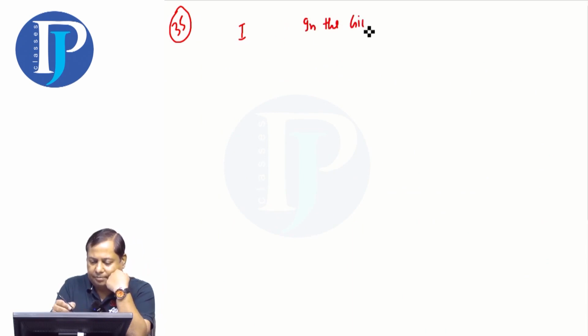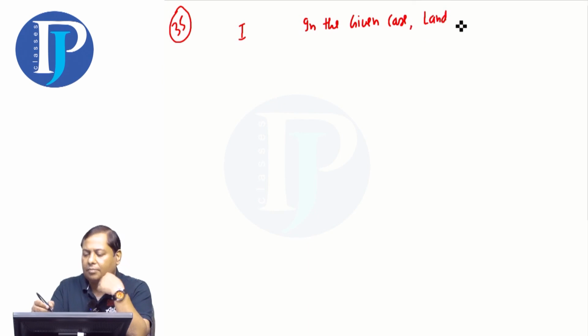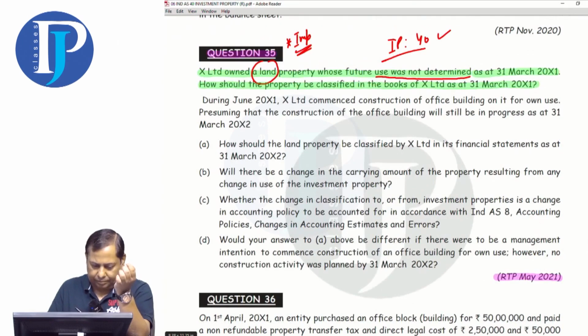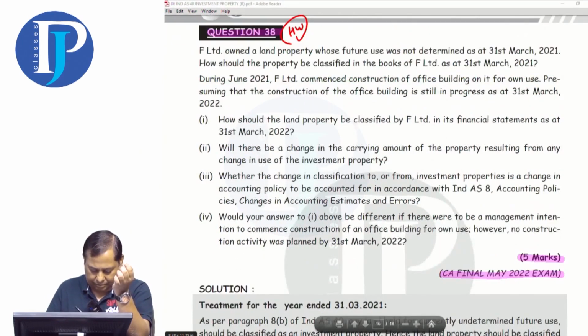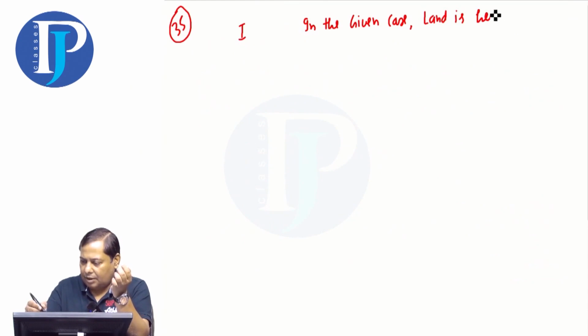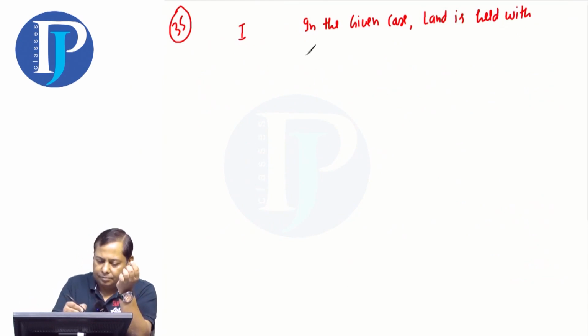In the given case, land is held with undetermined use.